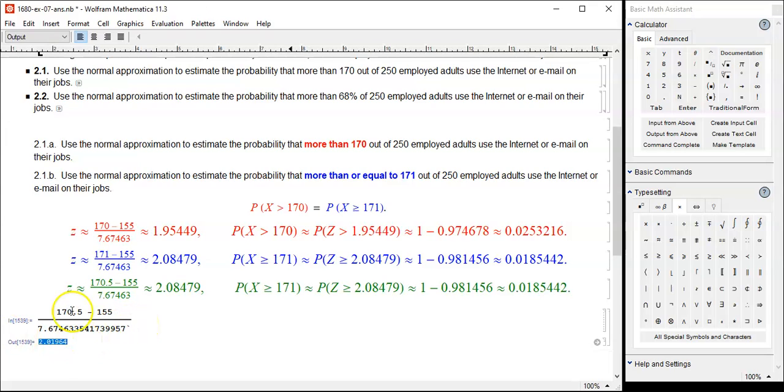Then the z-score computation, x minus center over SD, is going to become a little bit different, somewhere in between these two, of course, because I took 170.5. So this one and that one are adjusted into that.